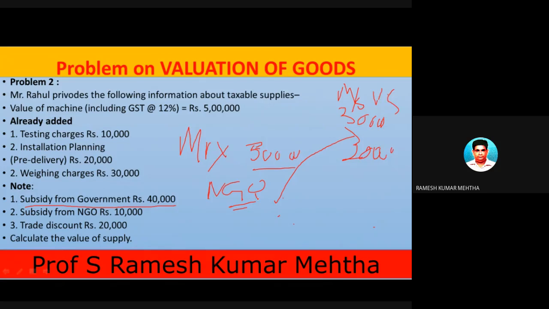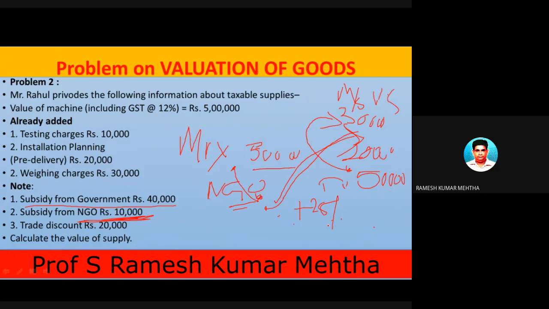So this is the subsidy given by the NGO, and this is paid directly to Vijay Sales. In this case, if any subsidy is offered on a product or service apart from central government or state government or local authority, it should be included in the transaction value. So this 20,000 should be included, and the invoice should be on 50,000 rupees transaction value.